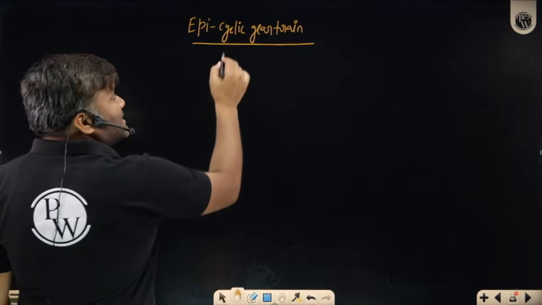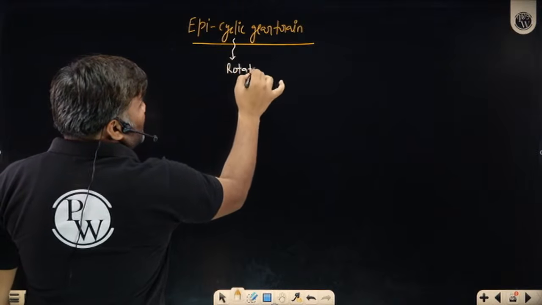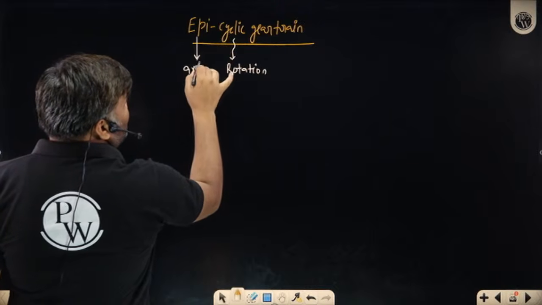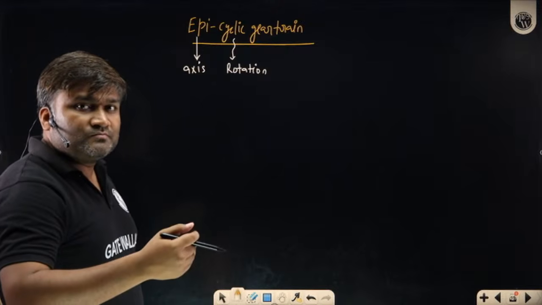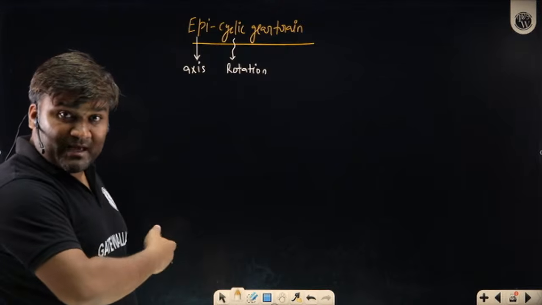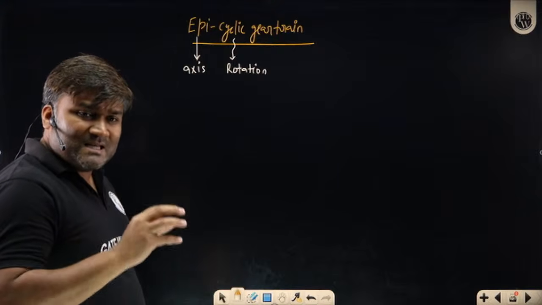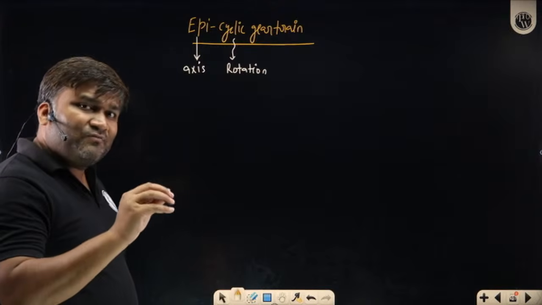Epicyclic means the cyclic word represents rotation, and epi means axis. Whatever we have studied, simple gear trains or compound gear trains, the gears were rotating till now about their fixed axis.